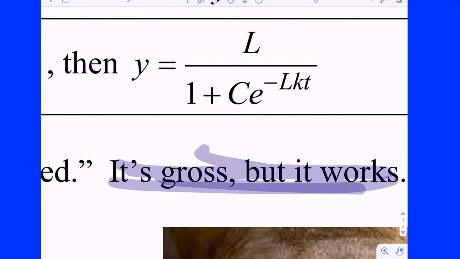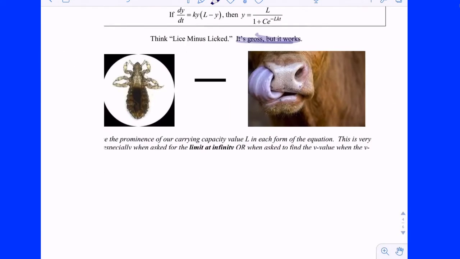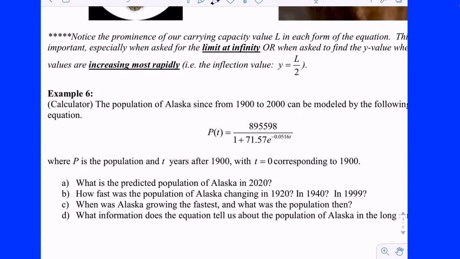You have to be careful here, though, that in this problem, c is not necessarily your initial value. It's not necessarily your y-intercept like it is for the sect equation. You would have to plug in a 0 for t and see what actual value you get. Okay? So here is an example. Calculator active.